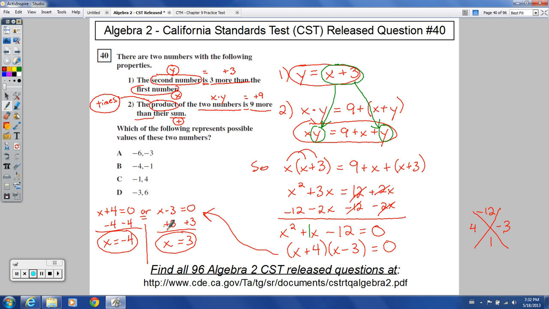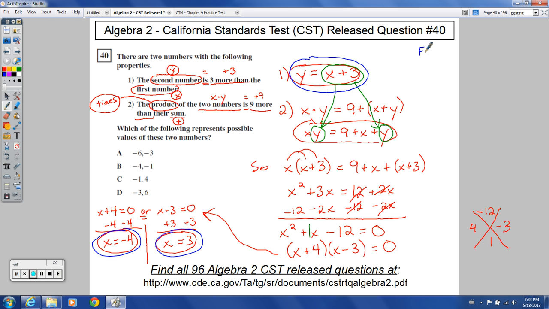And so these are the possible values for x. But we need x and y, so we need both values. So we need to go back up here into either this one or this one. This one's going to be a lot easier to deal with though. So I'm going to take this and combine it with this to come up with two possible pairs of solutions.